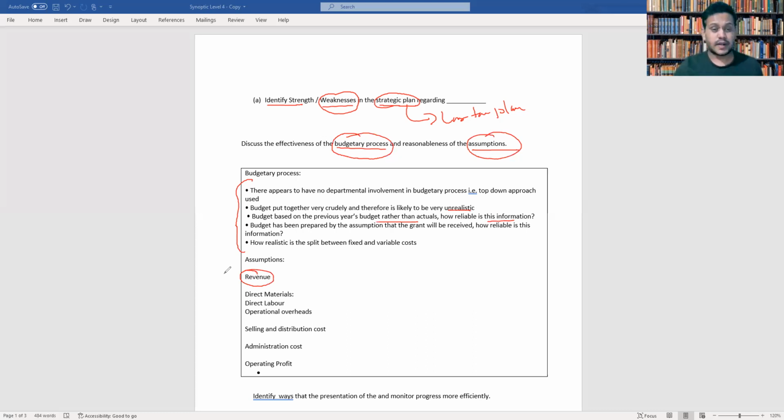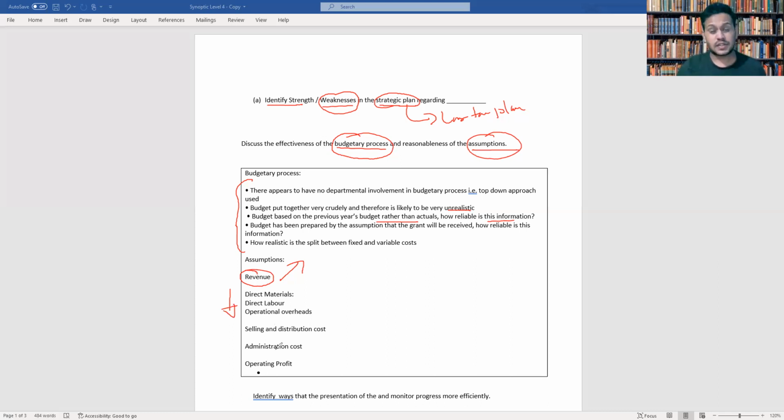Why? For example, it says sales is increasing, but the direct material and direct labor cost is decreasing. So you tell them it looks unrealistic, because if the sales or demand or volume increases, how come the variable cost decreases? So we have to criticize the budgetary process. And you have to say the variable cost has to increase if the sales increase.